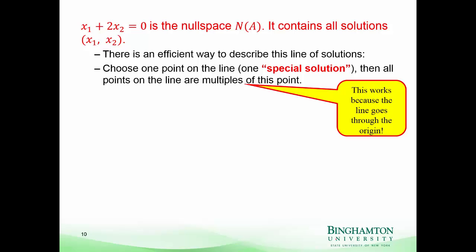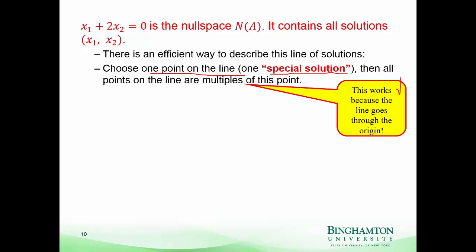Just to motivate what we're going to be doing in a little bit, there's an efficient way to describe this line of solutions. We choose one point on the line, and we call that the special solution, or the special vector solution. Then all points on the line are just multiples of that one point.